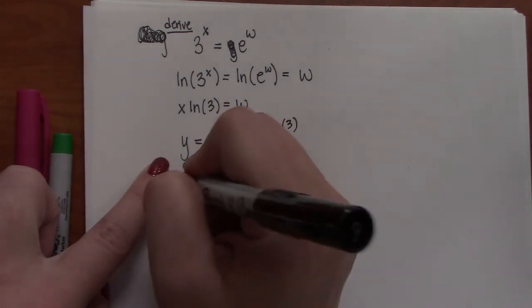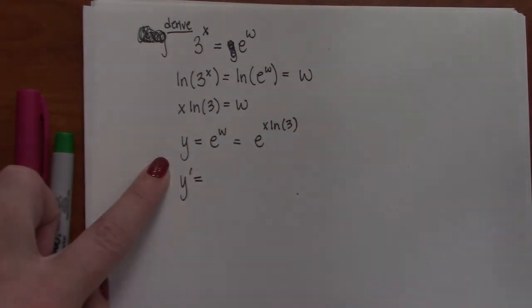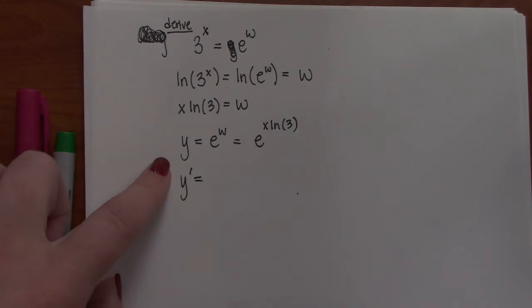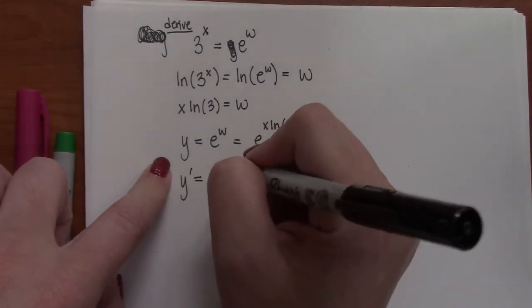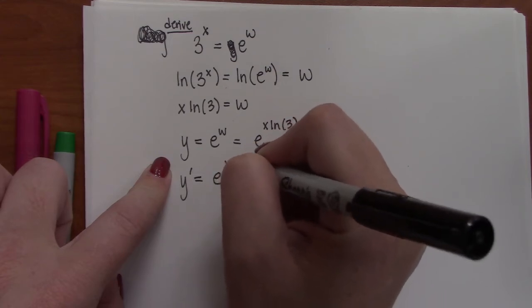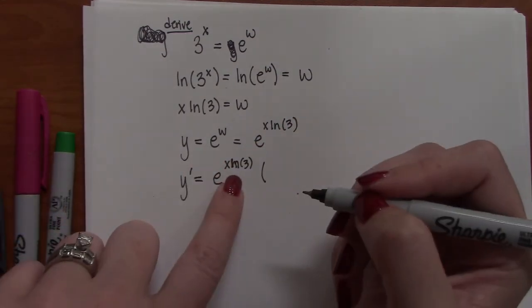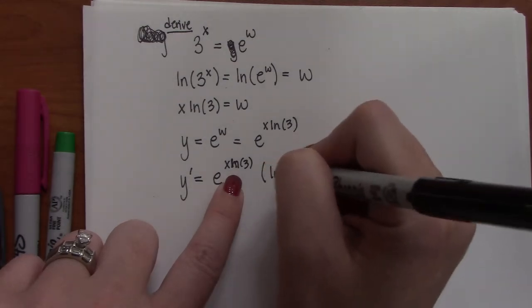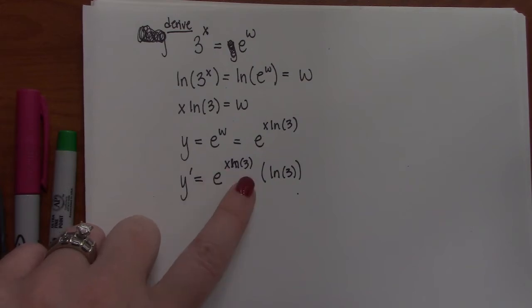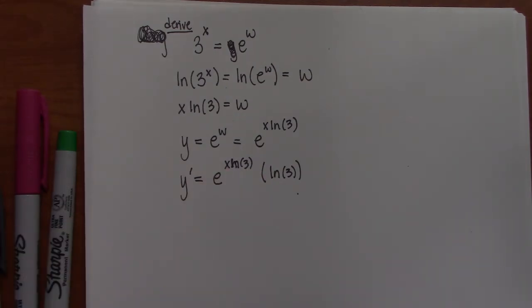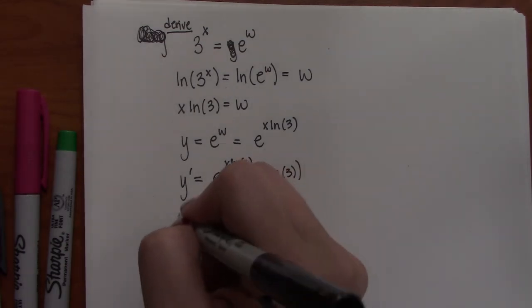If you take the derivative of the left side, you're just going to get y prime or dy/dx, and on the right side, this is a chain rule, so you get e to the u times the derivative of what's inside here, and the derivative of that is just natural log of 3, because the derivative of x is 1, and that's just a constant. Then we said, plug back in what e to the w was, because that's all this is, e to the w. And e to the w was just 3 to the x.